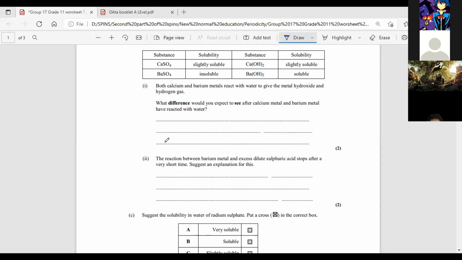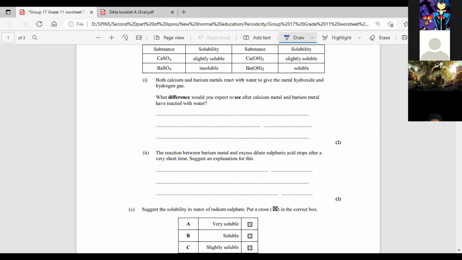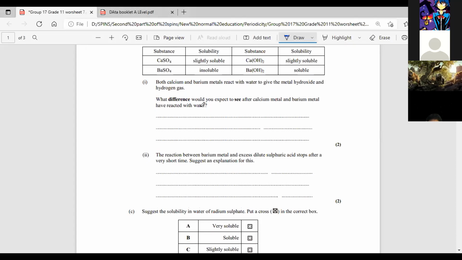Calcium hydroxide is slightly soluble, while barium hydroxide is very soluble. Both calcium and barium metals react with water to give the metal hydroxide and hydrogen gas. What difference would you expect to see after calcium metal and barium metal have reacted with water?